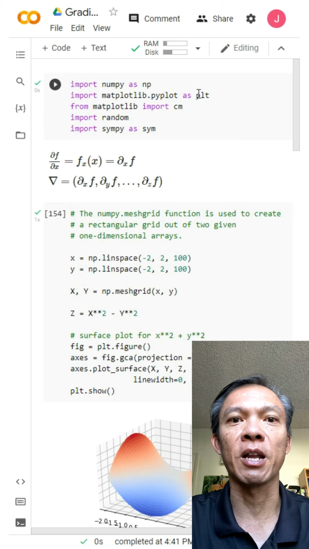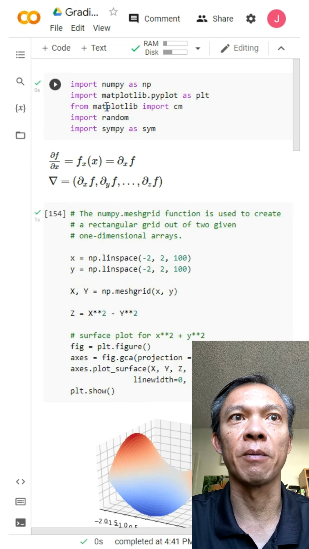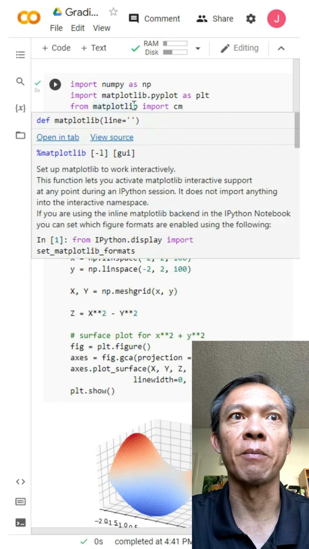If you take a look, for example, right here in this Google Colab, you can see that first of all, I'm going to import NumPy, Matplotlib, the random library, and SymPy right here. Matplotlib is to plot the function.